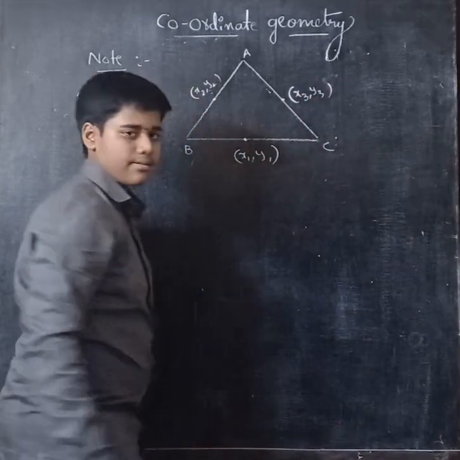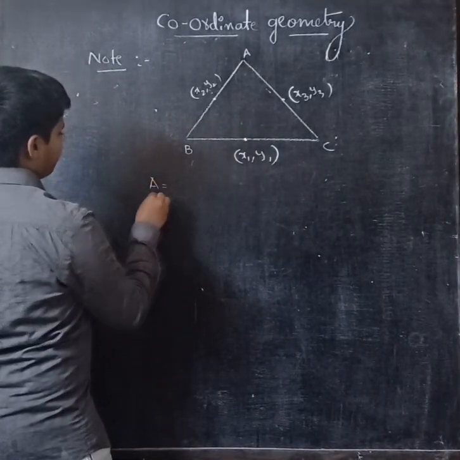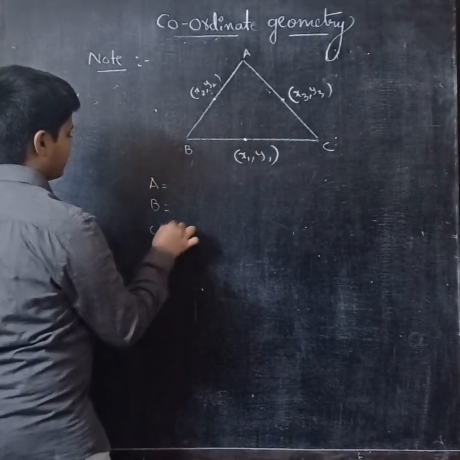If I take it like this, what are the A vertex value, B vertex value and C vertex value?